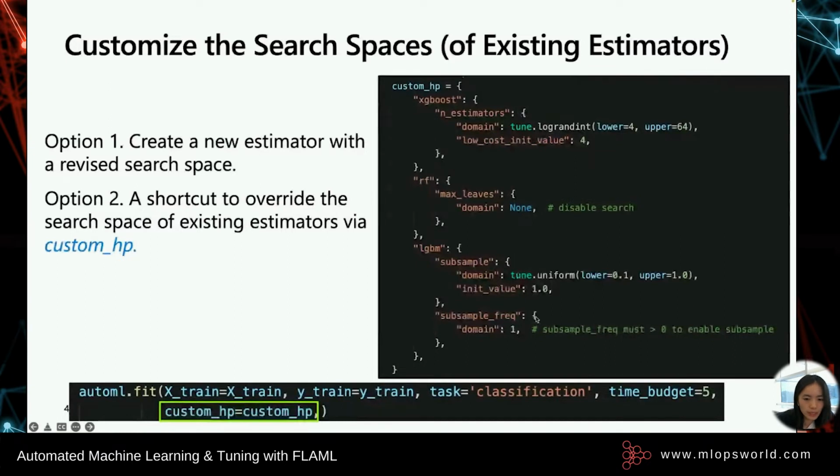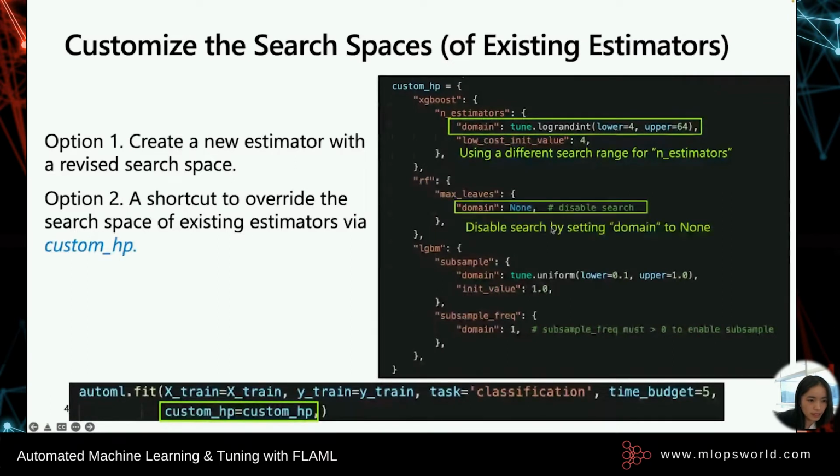In this code example, I'm trying to override some of the hyperparameter search space for XGBoost, RF, and LGBM, which are all built-in estimators in FLAML. More specifically, I'm changing the domain of n_estimators to use a different range, with a smaller upper bound.